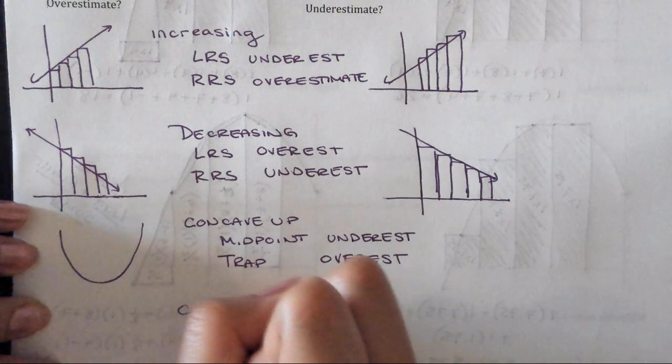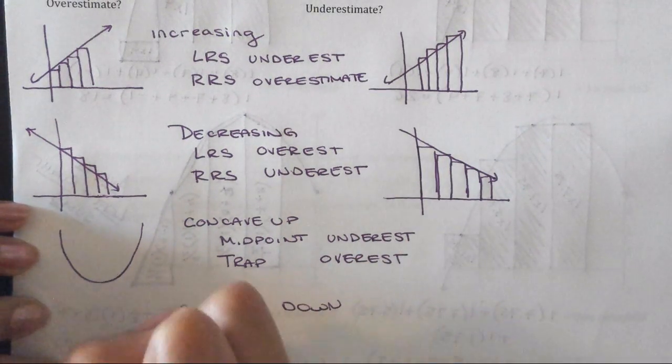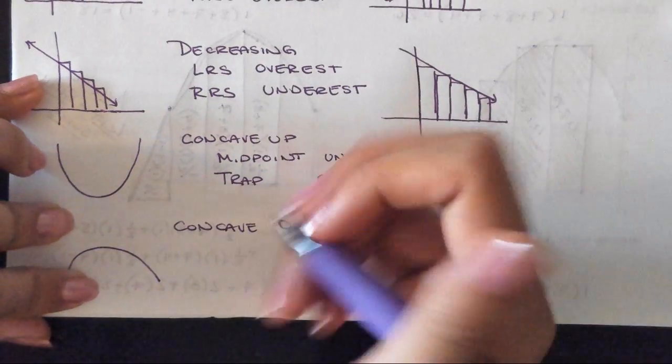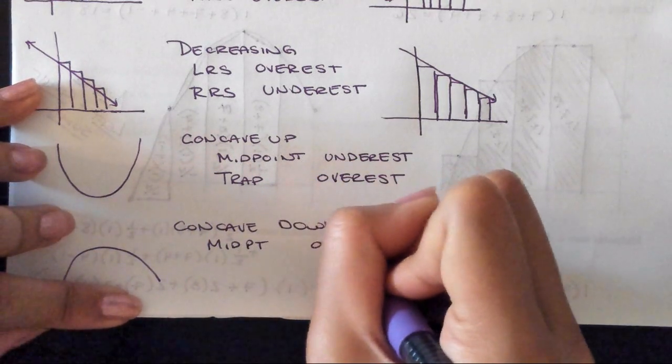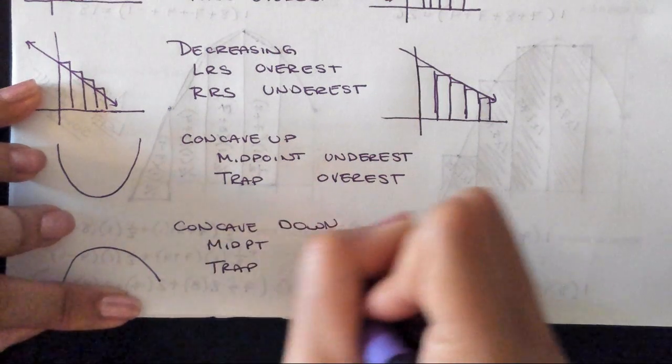And for concave down, it's the opposite. Midpoint will overestimate and trapezoid will underestimate.